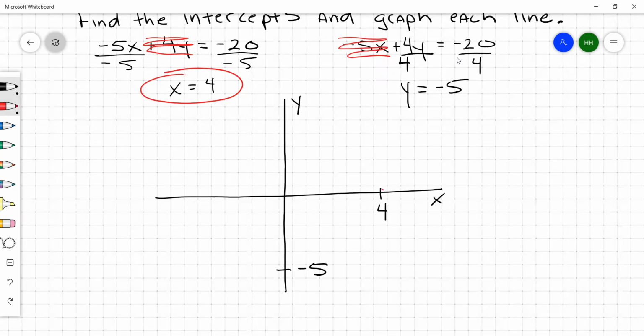So you've got a point on the line at 4, and you've got a point on the line at negative 5. And then you connect the dots. Any questions there?